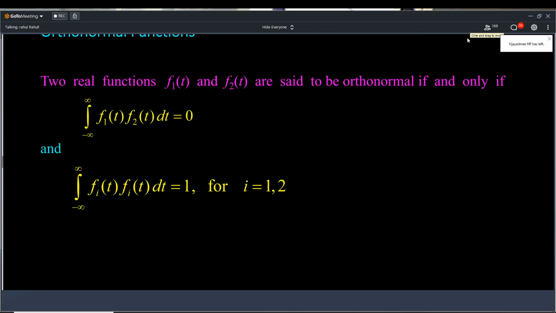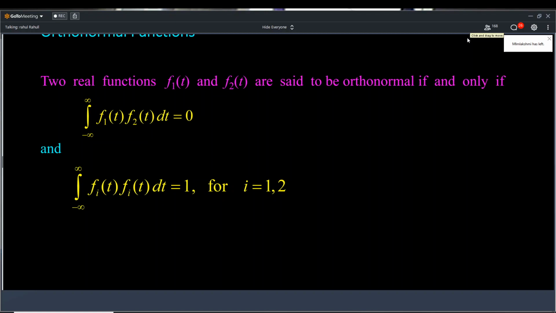See, the same thing that we are clearly indicating here. Now see the orthonormal functions. Two real functions f1 and f2 are said to be orthonormal if and only if the integral from minus infinity to plus infinity of f1(t) multiplied by f2(t) dt is equal to 0, and the integral of f1(t) multiplied by f1(t), that is the norm of f1(t), is equal to 1, and the integral of f2(t) multiplied by f2(t) is equal to 1.